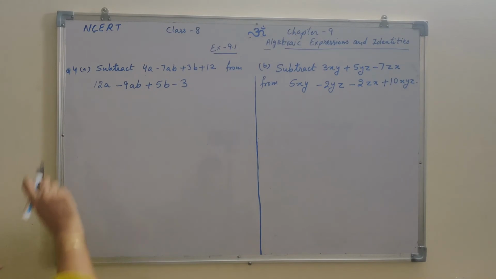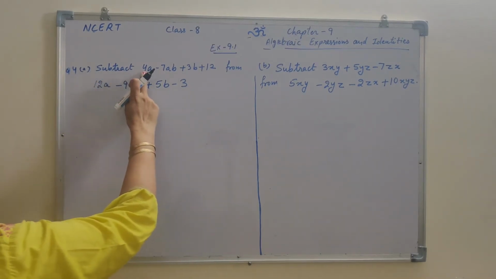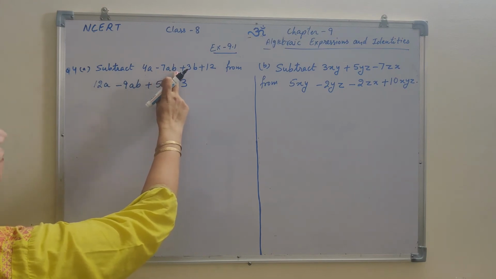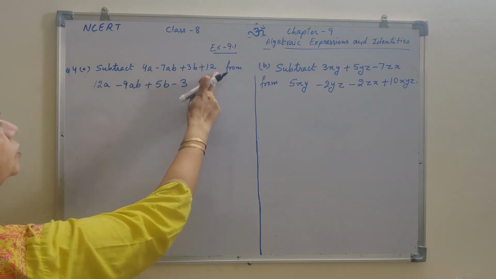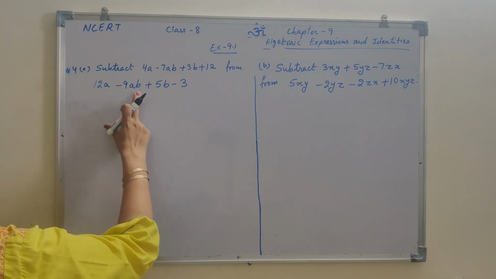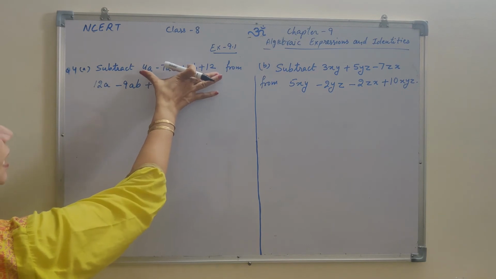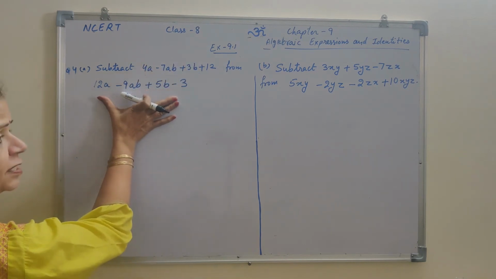Our next question is question 4. First part: subtract 4a minus 7ab plus 3b plus 12 from 12a minus 9ab plus 5b minus 3. That means we have to subtract this expression from this expression.